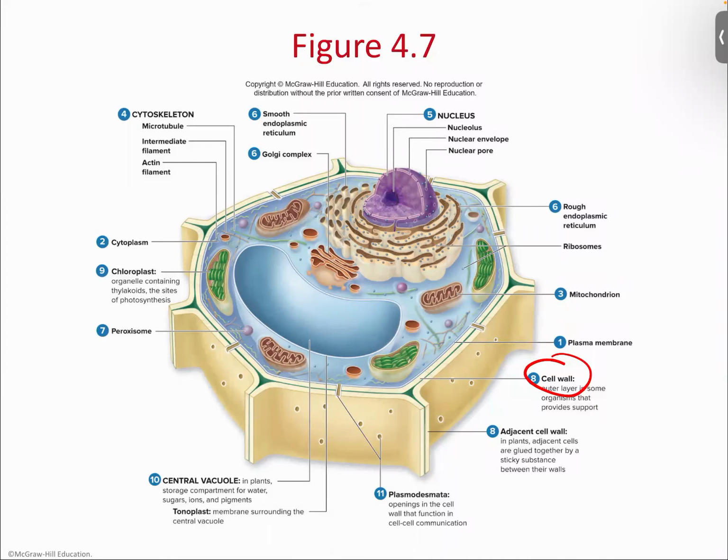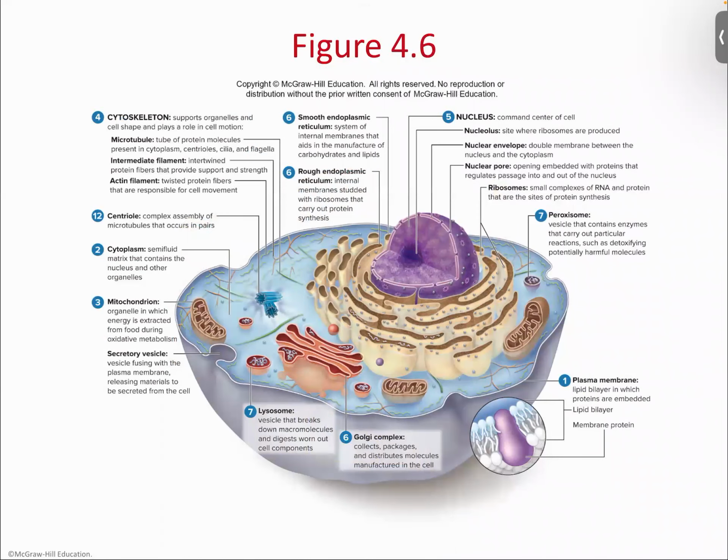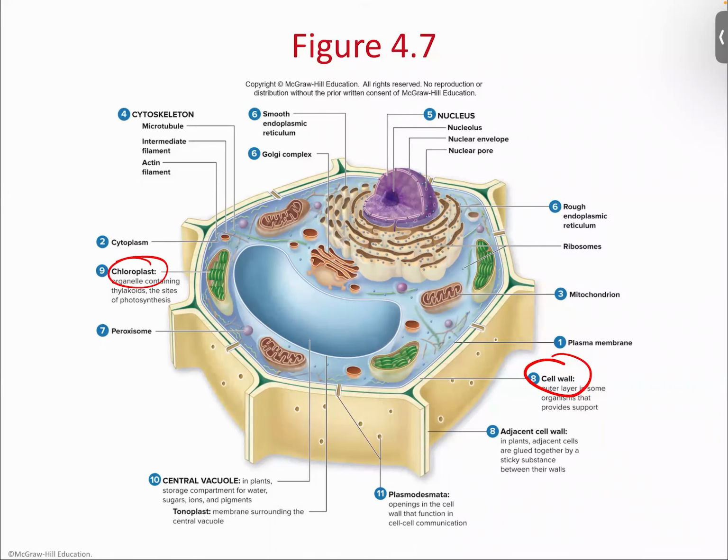Chloroplast. Thank you, Megan. Yep. So that's this chloroplast. What else? There's one more. It's really big. Yep, exactly. This big old vacuole, central vacuole. Animals don't have that, plants do.